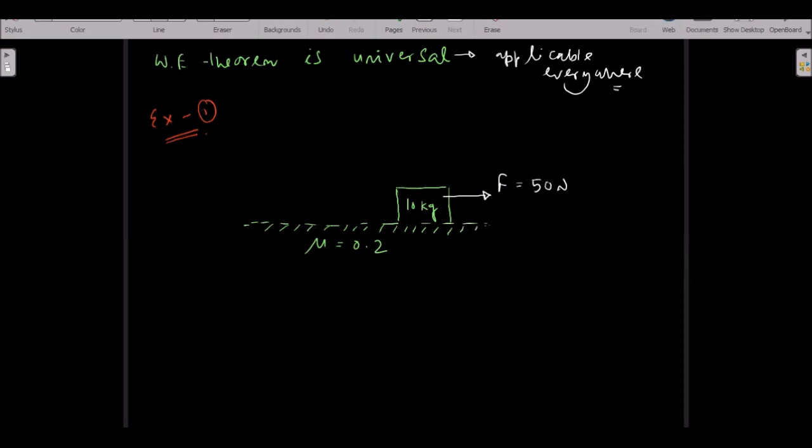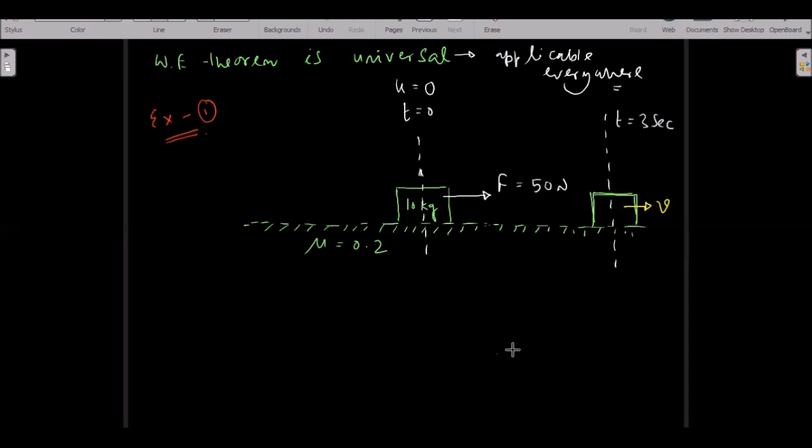The block is initially at rest, so at t equal to 0, initial velocity of the block is equal to 0. This is the position after, let us say, t equal to 3 seconds, and at this point of time, let us say the block is cruising with some velocity v.